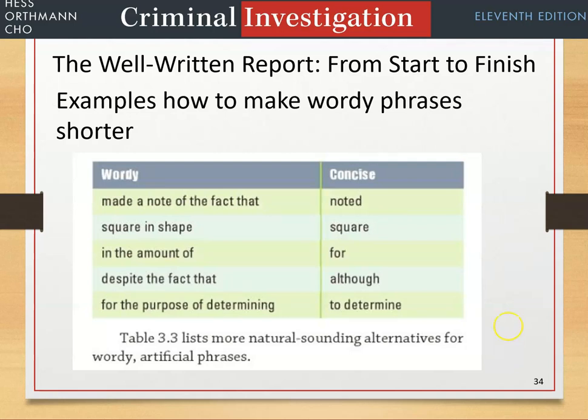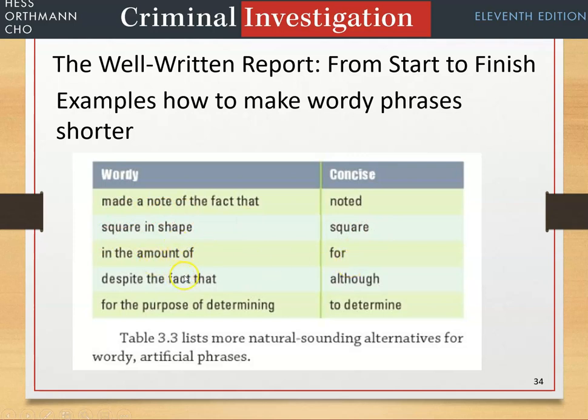And here's a couple of other examples. And officers tend to use a couple of these. Made a note of the fact that. Well, if you wanted to be concise, you could use the word noted. Same with like the blue in color, square in shape. I already know that a square is a shape. In the amount of 4.